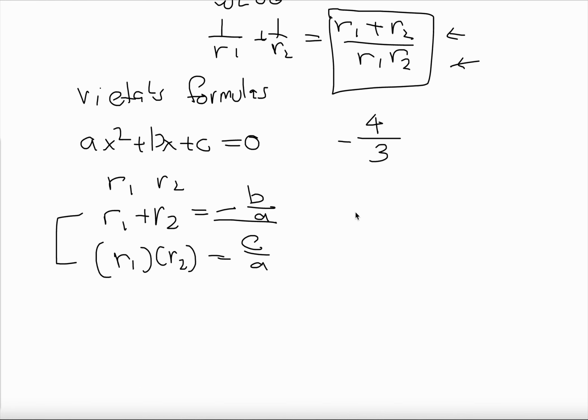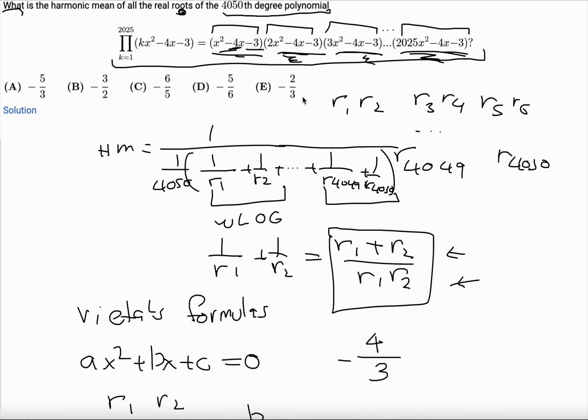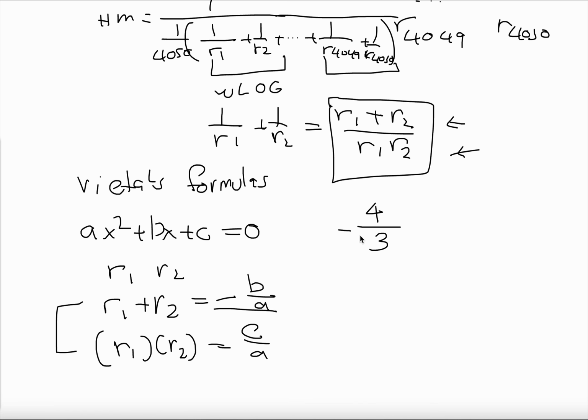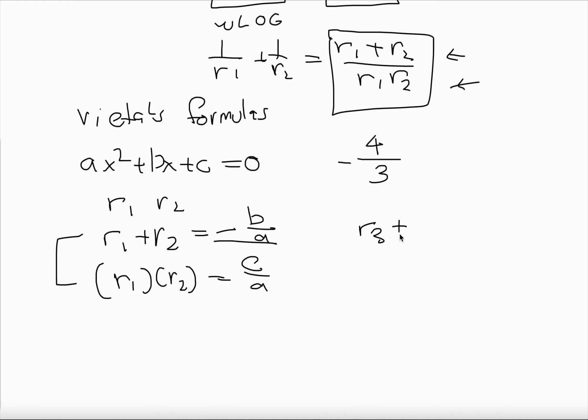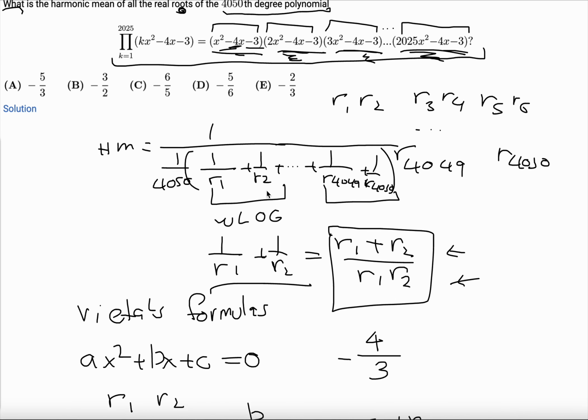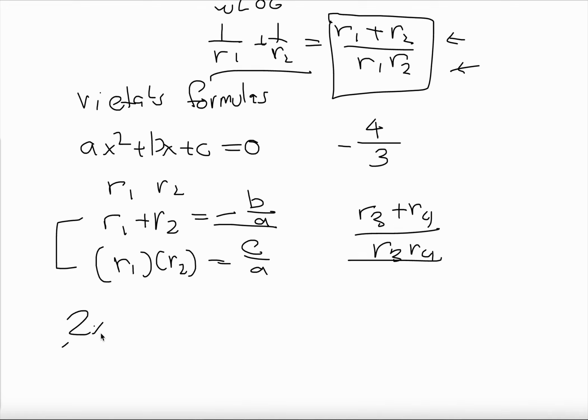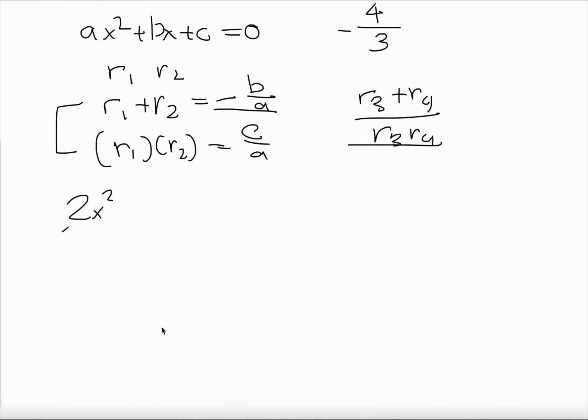Let's try looking at R3 and R4, because we're going to have to do this 2025 times. We can do the same process here to get this. So let's just find this out. I'm going to write down the polynomial so we don't have to keep scrolling. It's 2x squared minus 4x minus 3.